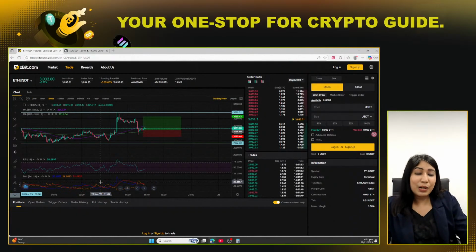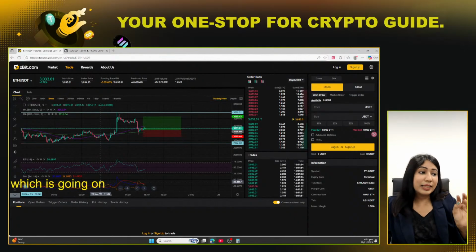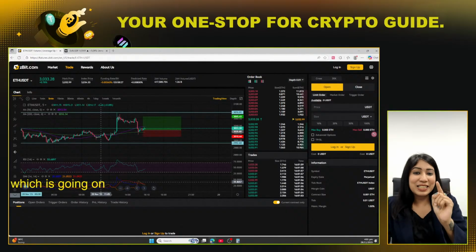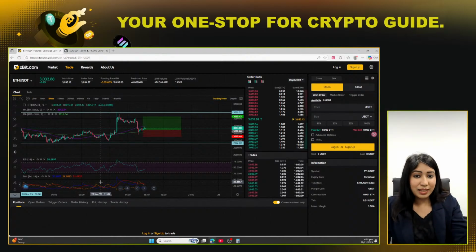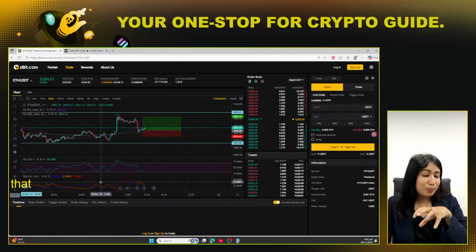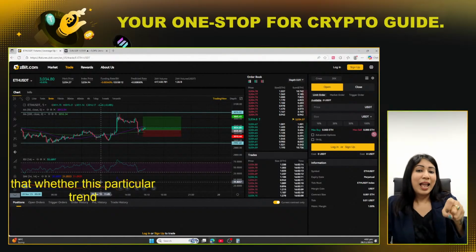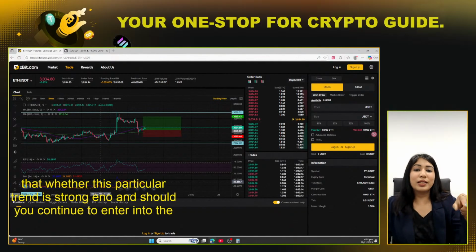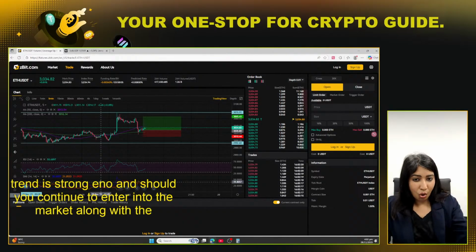It definitely does not point out what trend is going on, but it does tell you about whatever trend is going on, whether it is an uptrend or a downtrend, you have to determine that based on other parameters or other indicators that we use. So that will tell you whether this particular trend is strong enough and should you continue to enter into the market along with whoever is strong in that zone.